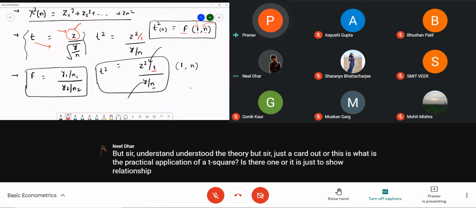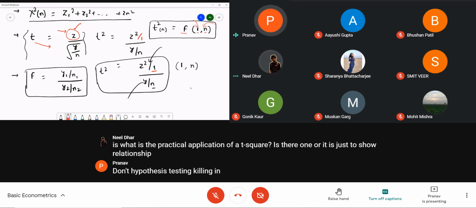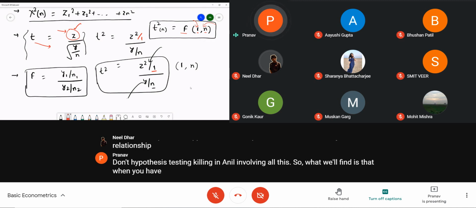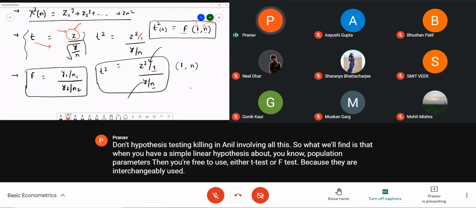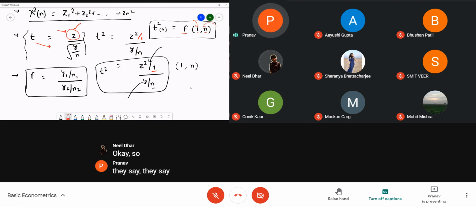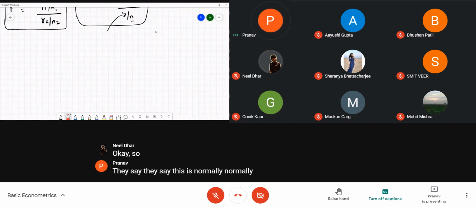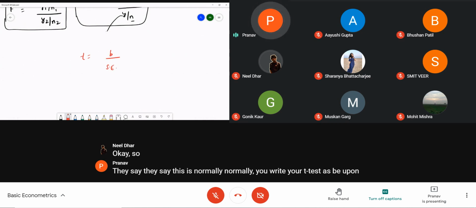When we do hypothesis testing involving all this, what we'll find is that when you have a simple linear hypothesis about population parameters, you are free to use either the t-test or the f-test, because they are used interchangeably. Okay? For example, normally you write your t-test as b upon standard error of b.